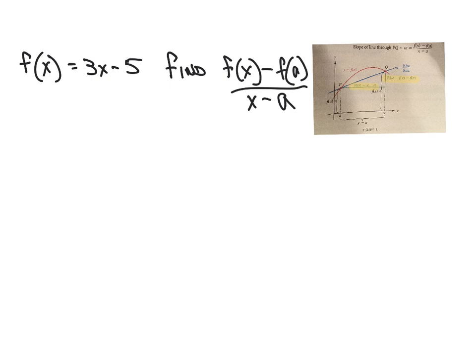Okay, so what we're going to find here really is the slope of this equation. So the reason we're doing it this way is because when you get into calculus, these problems get a lot more difficult, and they're not so easy just to find the slope along this way.